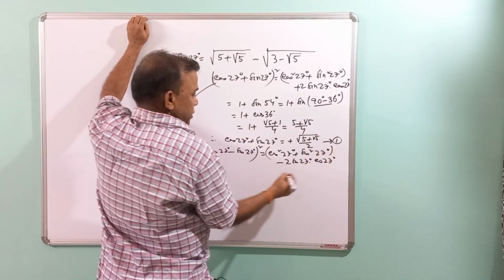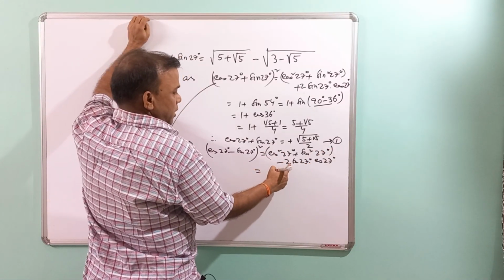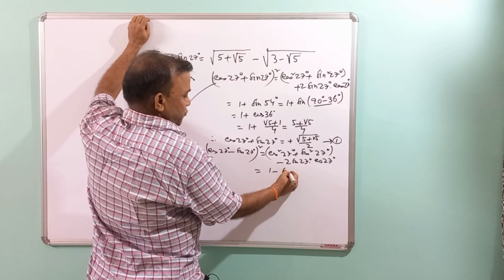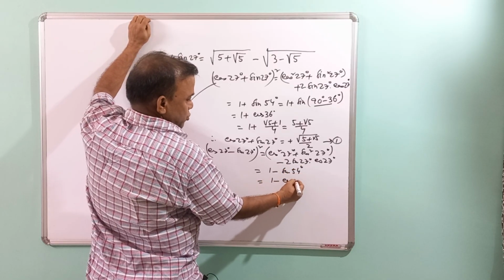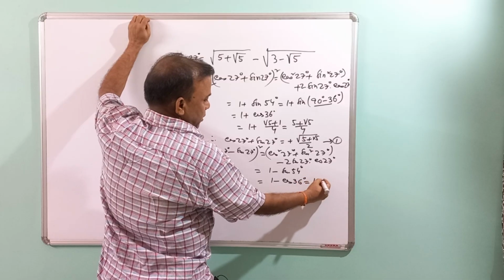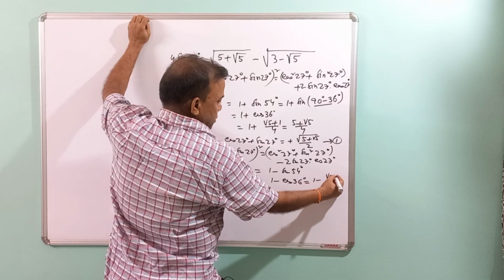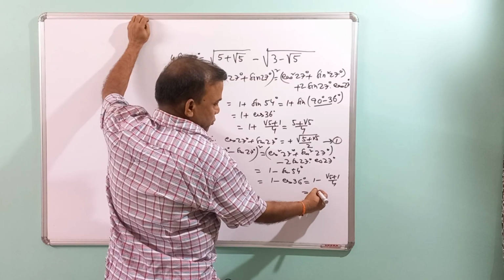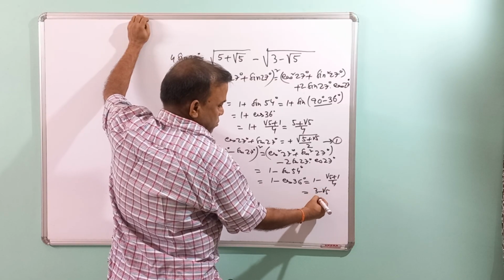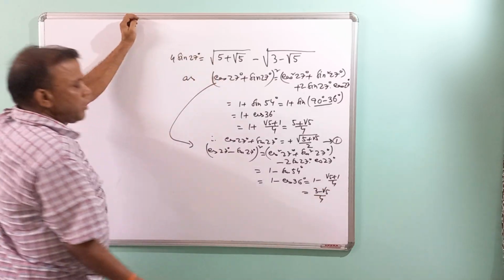Similarly, sin square theta plus cos square theta is 1, and it will be 1 minus sin 54 degree, 1 minus cos 36 degree, 1 minus root 5 plus 1 by 4, that means 3 minus root 5 by 4.